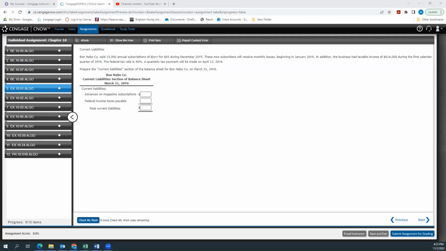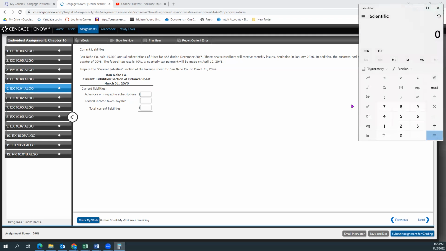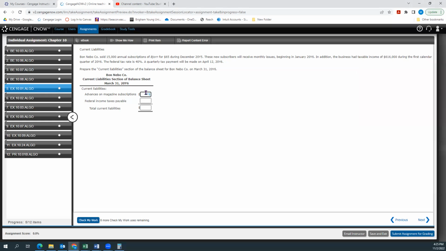Let me pull up a calculator by doing 15,000 times $65. So $975,000, that's money we received, but we still owe in the sense that we owe the magazines to the people. So I'm going to put 975,000 as my advances on magazine subscriptions.